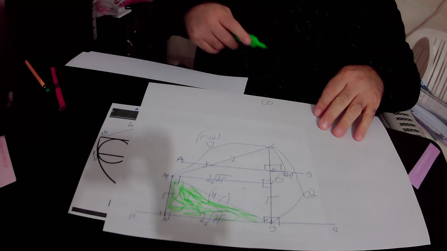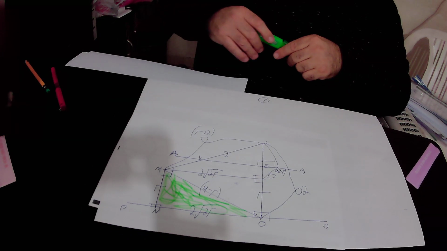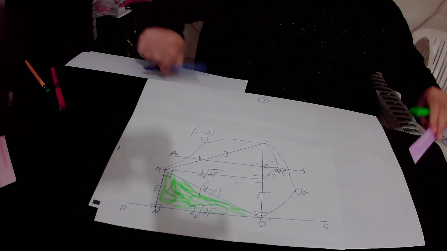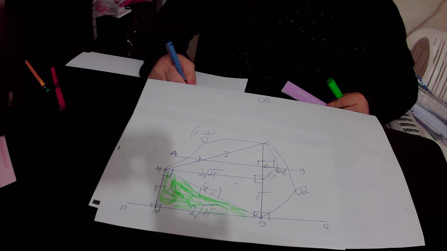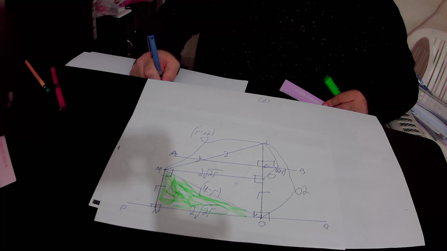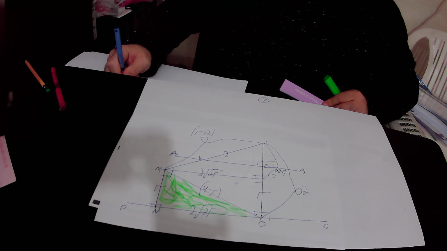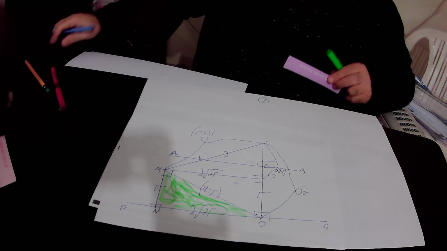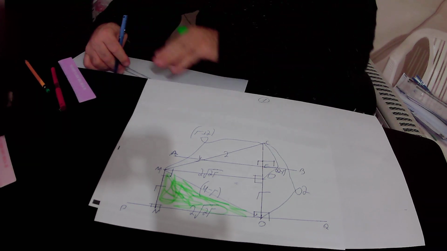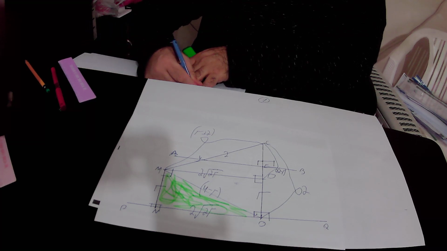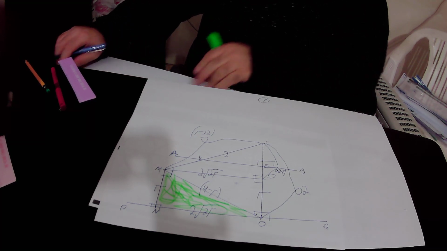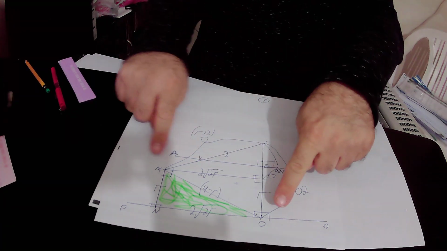So on the right green triangle, triangle MNO, according to the Pythagoras theorem, the square of the hypotenuse equals the sum of the squares of the perpendiculars. The hypotenuse in the green triangle is actually MO.